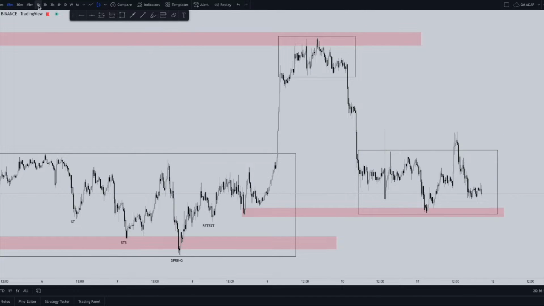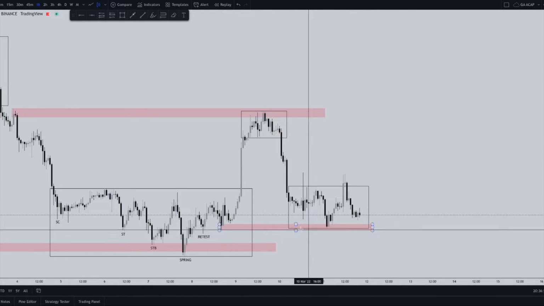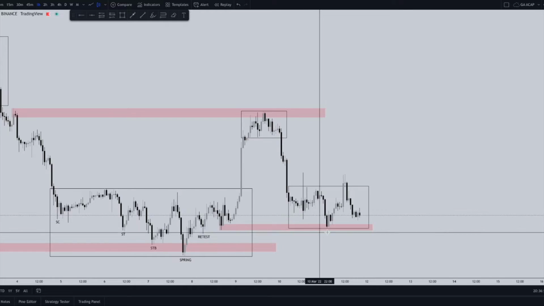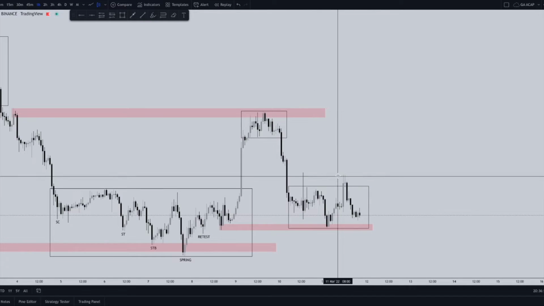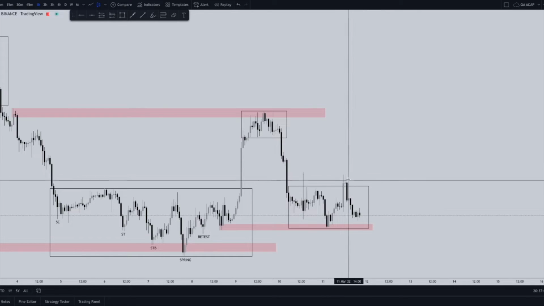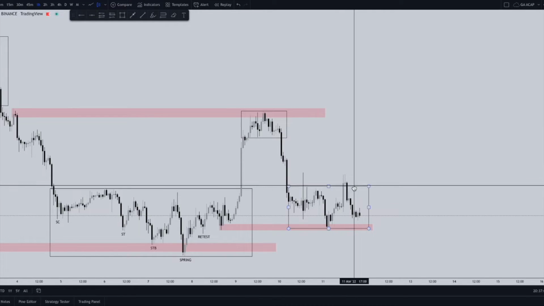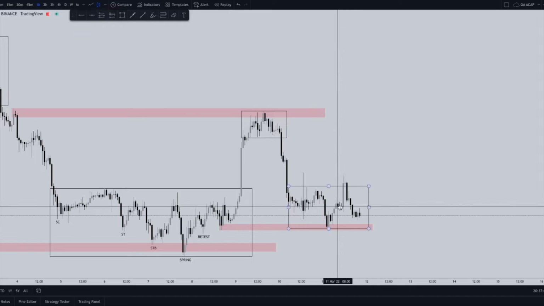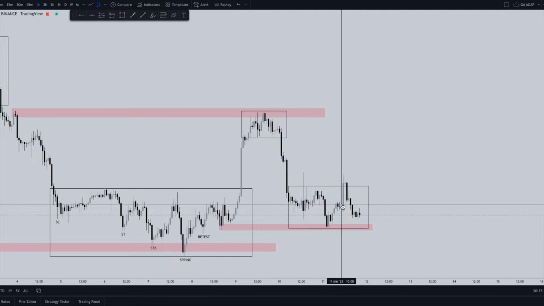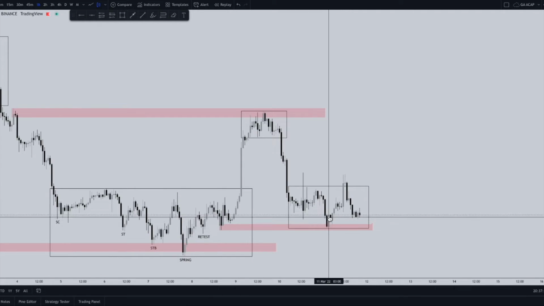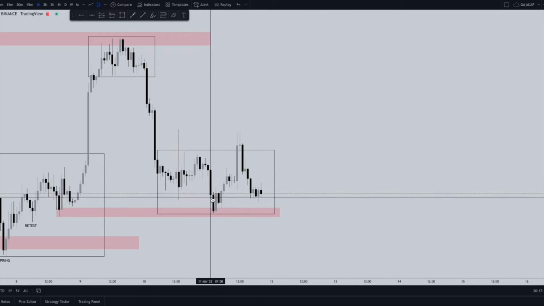So yeah, you can see here we did tap into this demand zone, and we could possibly see an accumulation schematic. We did tap up into this region, but we failed to break above it. We did break above it, but it looks like price failed to maintain it and respect any of these demand zones over here. We're going to have to wait and see how price reacts at this demand zone to see what is going on.